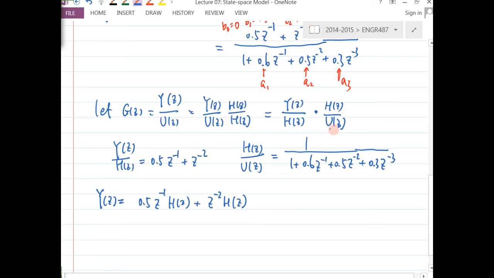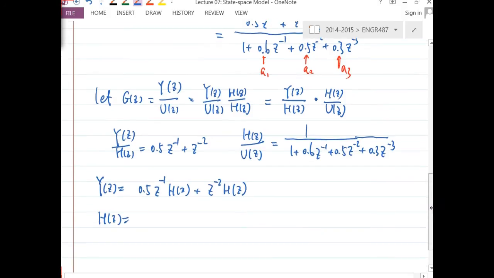And from the second one here, what is h of z equal to? So h of z times the whole denominator equals u of z. And h of z times the whole denominator, you have h of z times 1, h of z times 0.6 z to the power negative 1, and then times this.